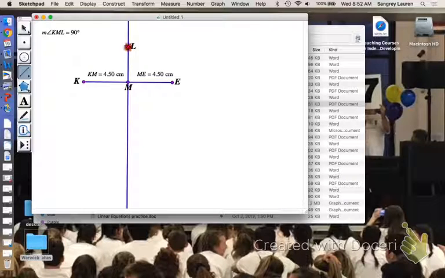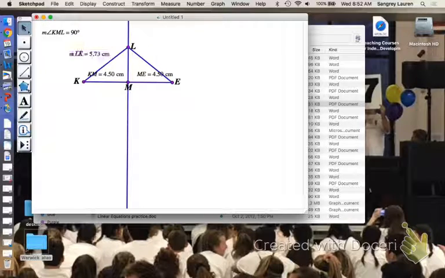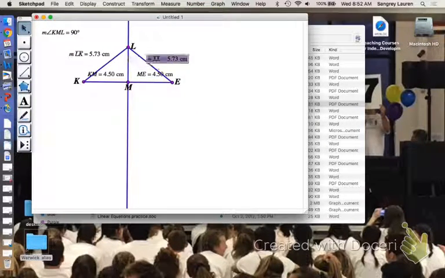I'm going to draw some segments connecting these points together. And I'm going to measure these. Let's see, measure length, and look at that. Now they are the same. So even if I move this point up and down on the perpendicular line, those segments that I just created don't change.